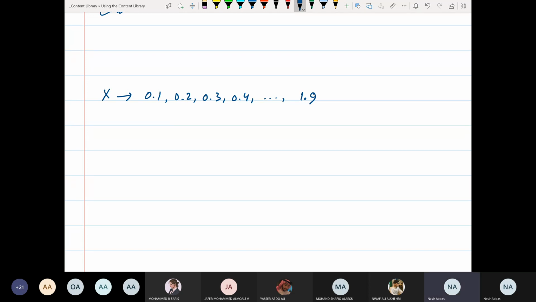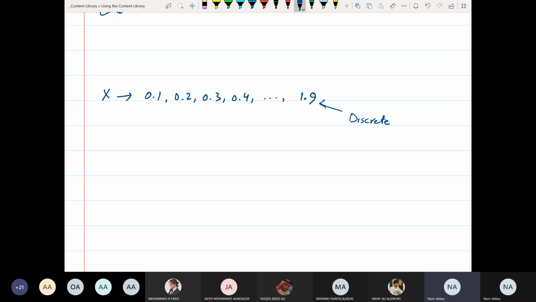Muhannad Shafiq. It's discrete. Muhannad Shafiq said it is discrete. This is one opinion. And what is the reason, Muhannad? Because it jumps, not 0.1, 0.11, 0.112. We jumped. Okay.